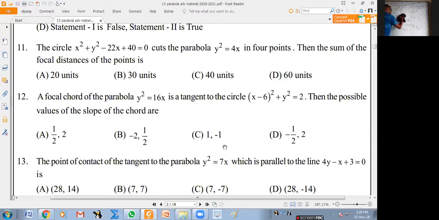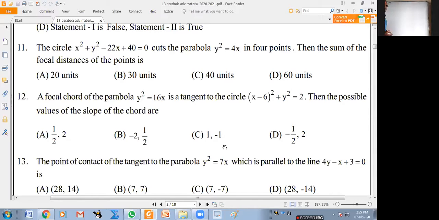So I'm going to erase this whole thing. Okay, 11th question.